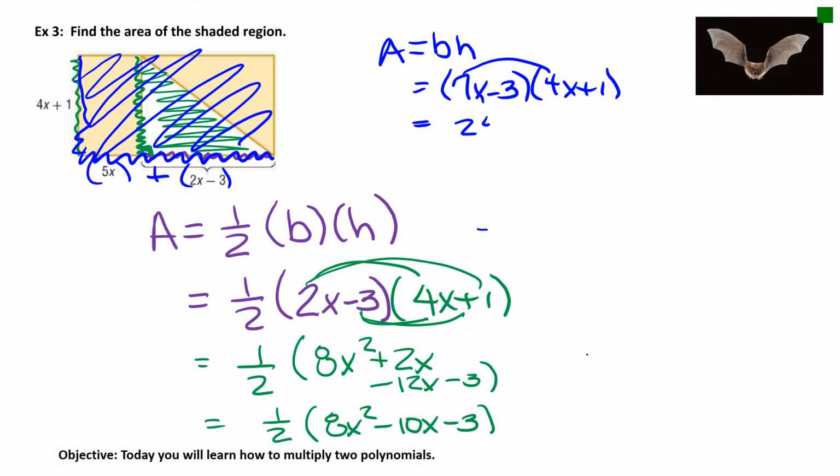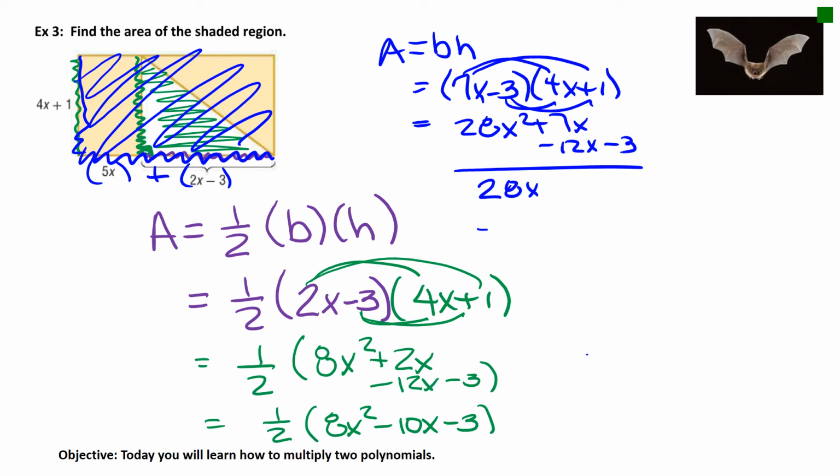So we get 28x squared plus 7x minus 12x minus 3. So 28x squared minus 5x minus 3. This is going to probably be one you're going to have to talk about in class. This is pretty deep for a slide here. So that is the area of this whole thing.